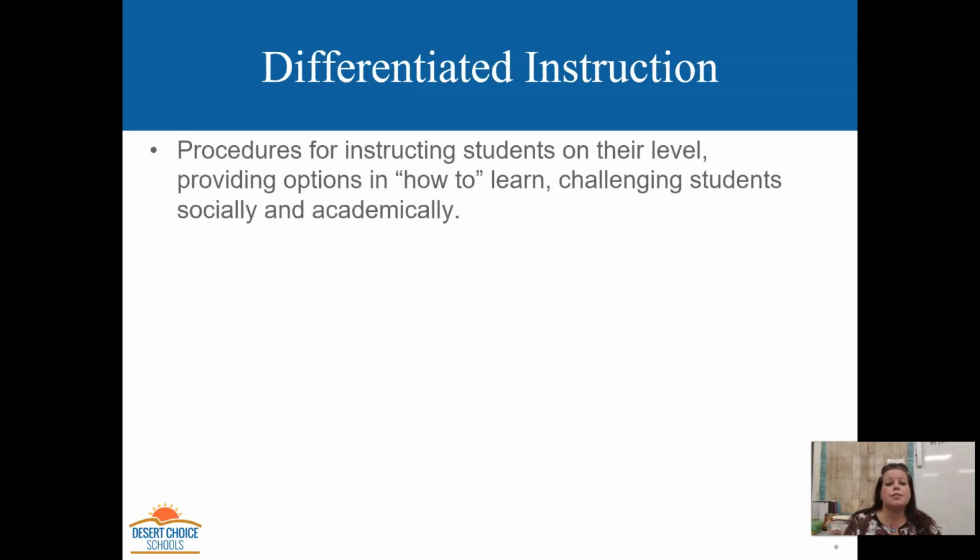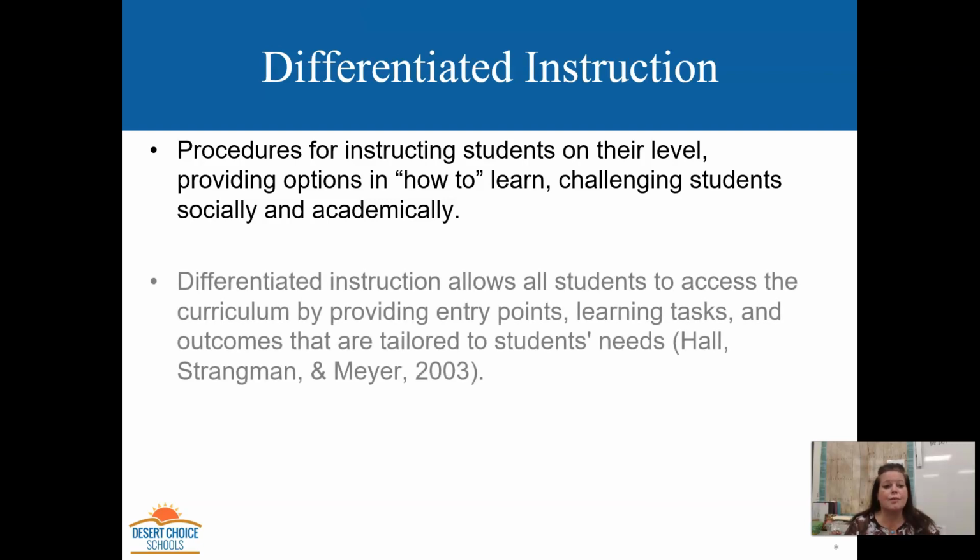Okay. What does the research tell us? This is procedures for instructing students on their level, okay? It is not one size fits all ever. It's giving them options in how to learn. It's challenging them socially and academically, okay? Differentiated instruction allows all students to access the curriculum by providing entry points, learning tasks, and outcomes that are tailored to students' needs.